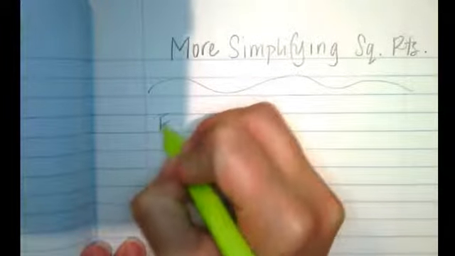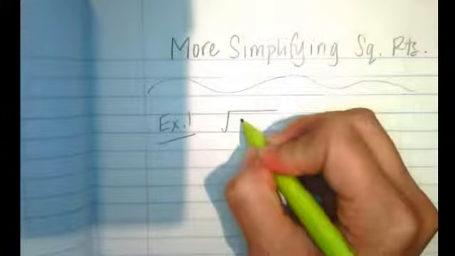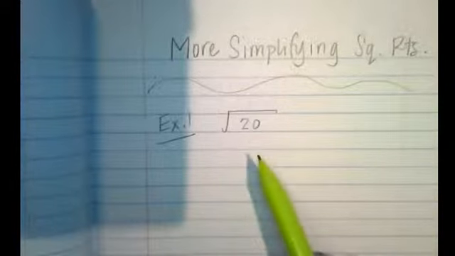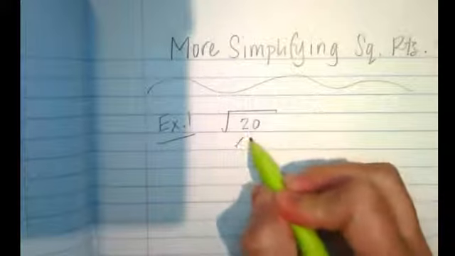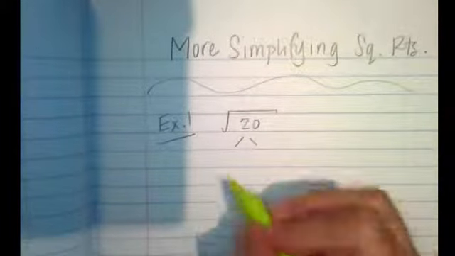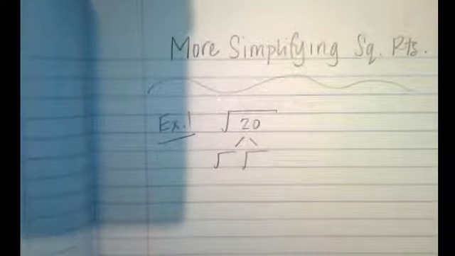So for example 1, I don't remember what example number we stopped on yesterday, so I'm just going to start over. But we talked about how when we have something like the square root of 20, that we know that 20 is not a perfect square. So what we want to do is see if we can break it down into factors where one of them is perfect.